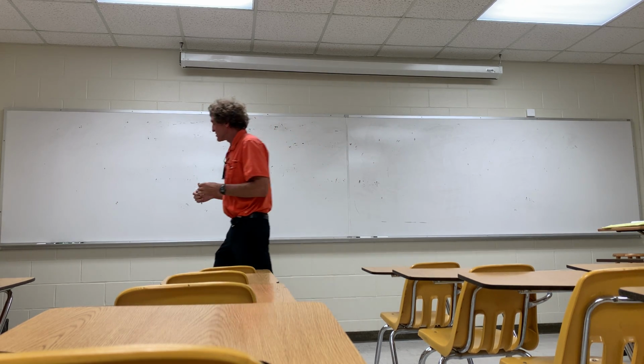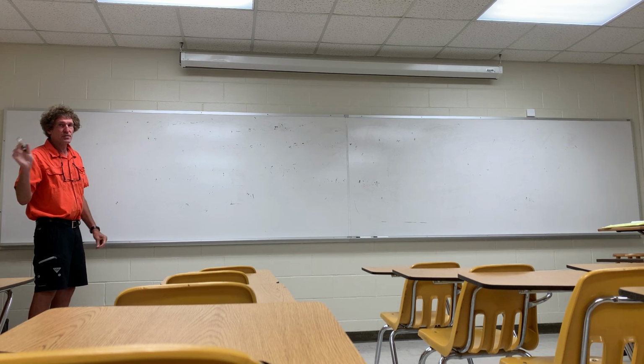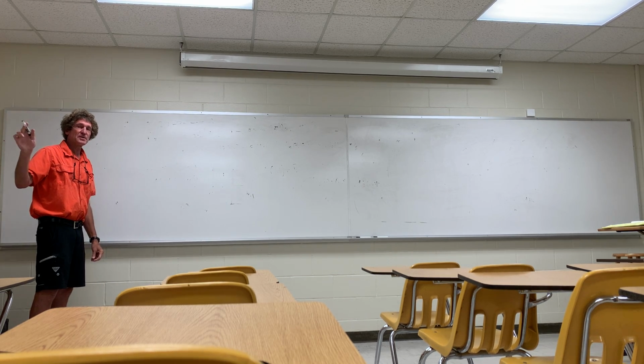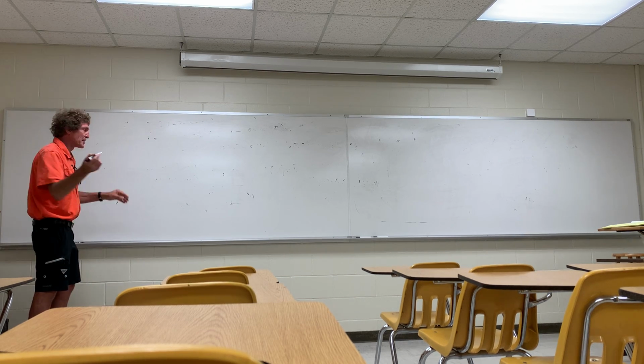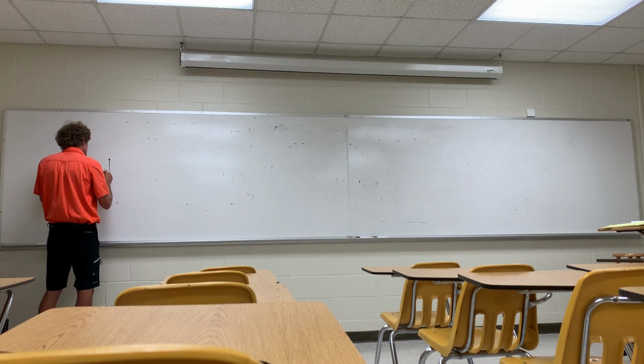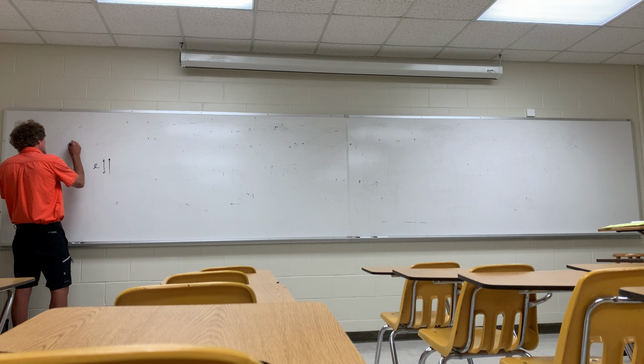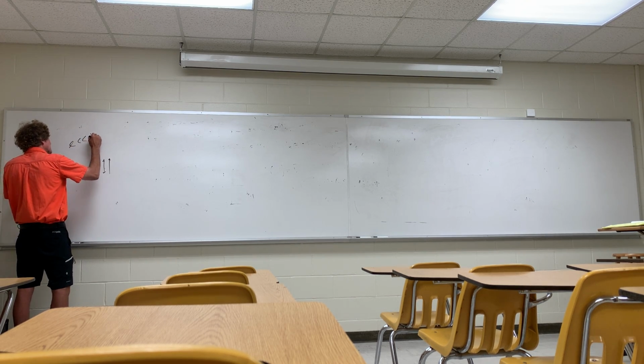So the way we start this, and try to appreciate one thing: if some of this stuff seems like, why are we doing this? It'll come together. What we do is say we have a little chunk of current. It's going to be short, of length L, and L is going to be much less than a wavelength.